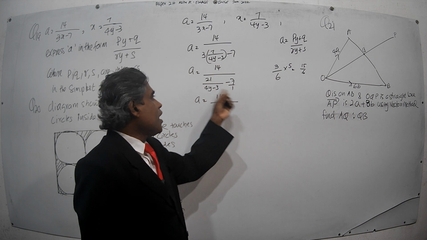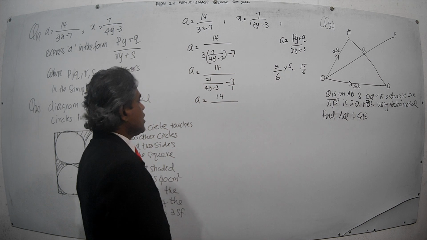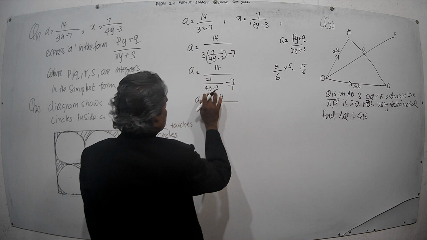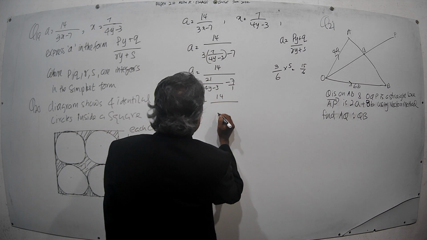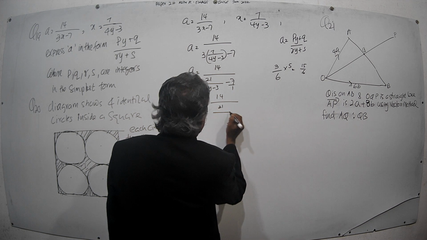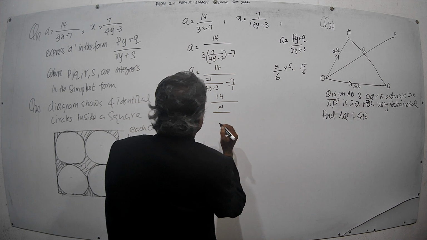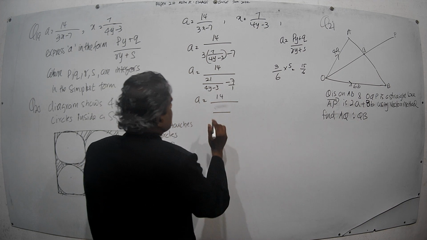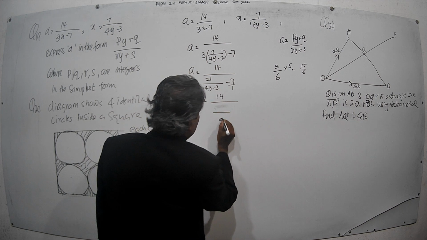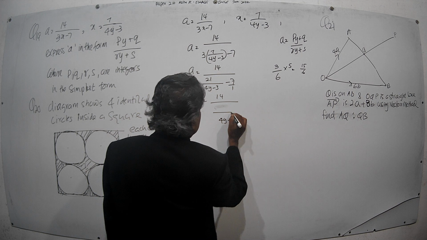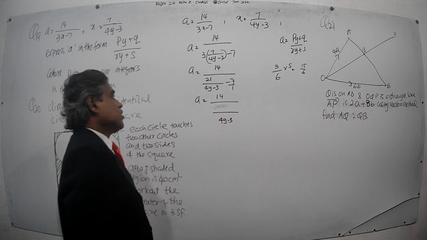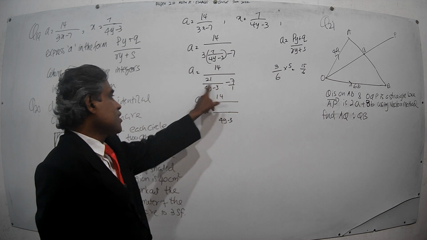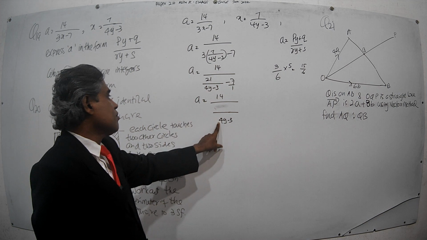Because this is 1, the LCM will be 4y minus 3. The common denominator here is 4y minus 3. Then you have to multiply this whole thing by 1 to convert this into the common denominator.